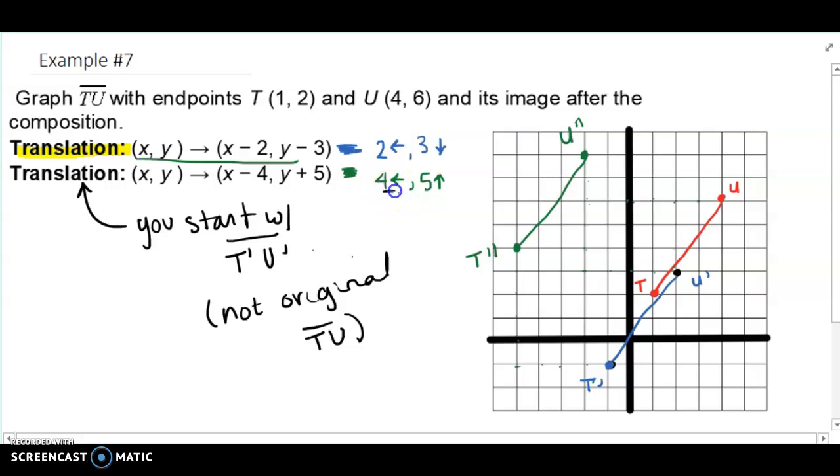Okay, then if I look at this translation, I'm going to go left 4. So from T prime, I go left 1, 2, 3, 4, and I go up 1, 2, 3, 4, 5. So here's my T double prime. And then from my U prime, I go left 4, 1, 2, 3, 4, up 1, 2, 3, 4, 5. Here's my U double prime. So here's my T double prime, U double prime. That would be my final solution.